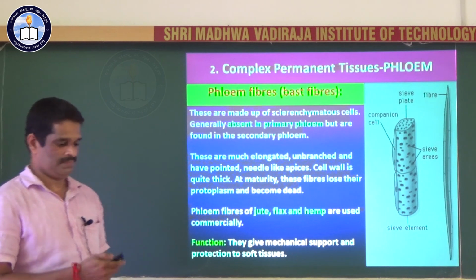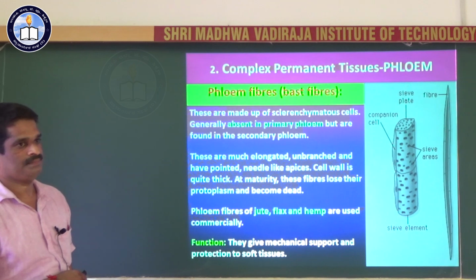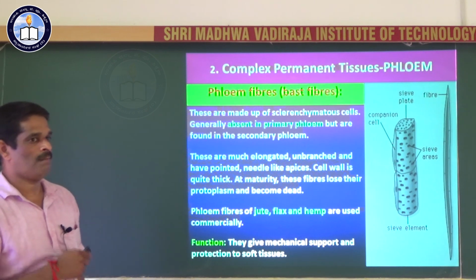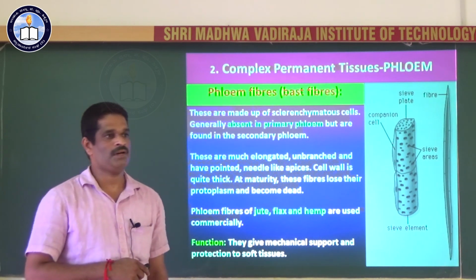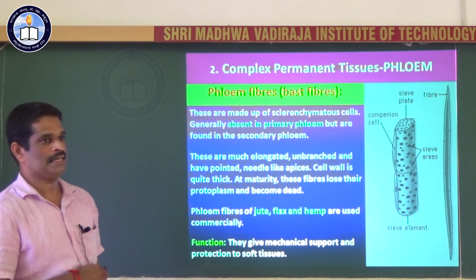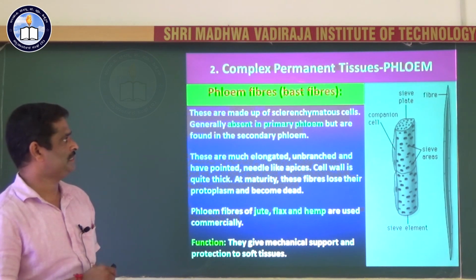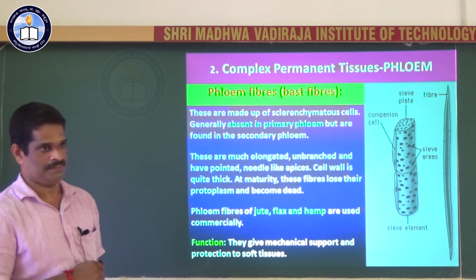Another component of the phloem is the phloem fibers or bast fibers. This is the dead component of the phloem. The phloem has components that are living, that is the sieve tube elements, companion cells and phloem parenchyma, but the phloem fibers are a dead component.